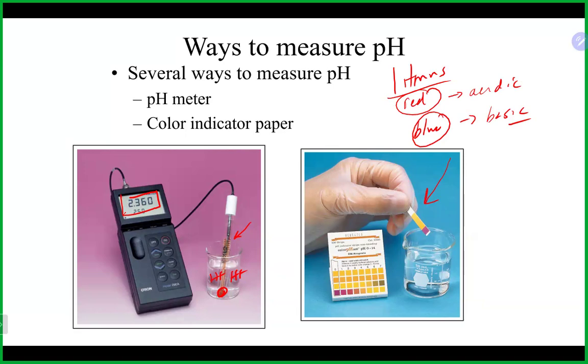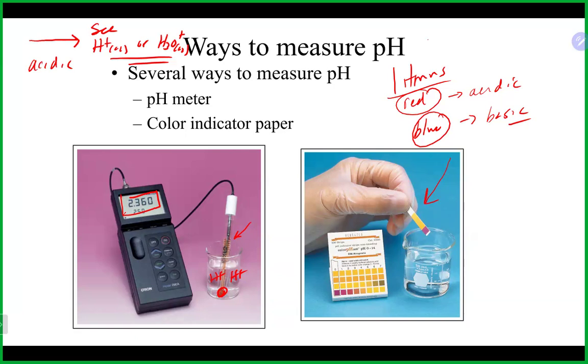How do you know, when you look at an equation, if you would expect it to be acidic or basic? You could do that very simply: when you look at the equation on the product side, if you see basically any H plus by itself or H3O plus, it's probably a pretty good bet that the solution is going to be acidic.